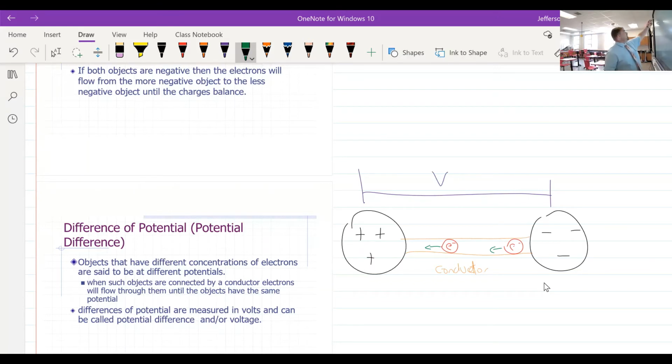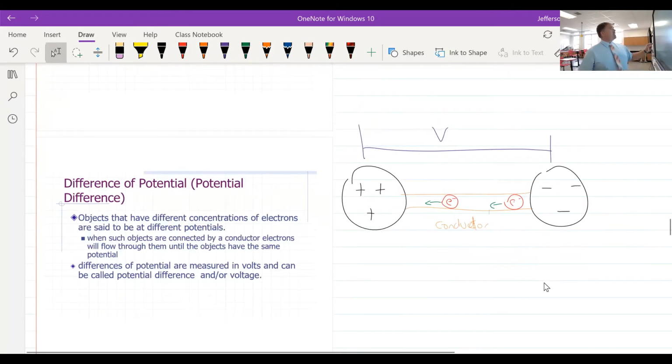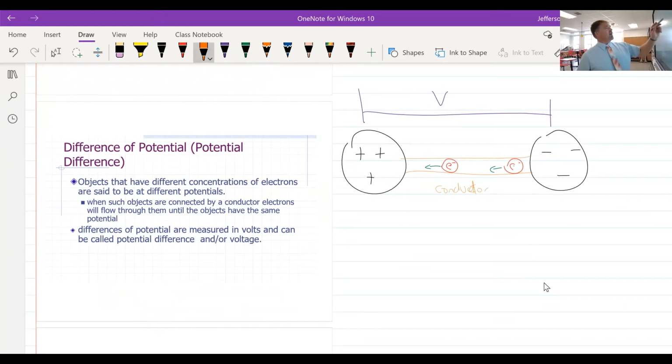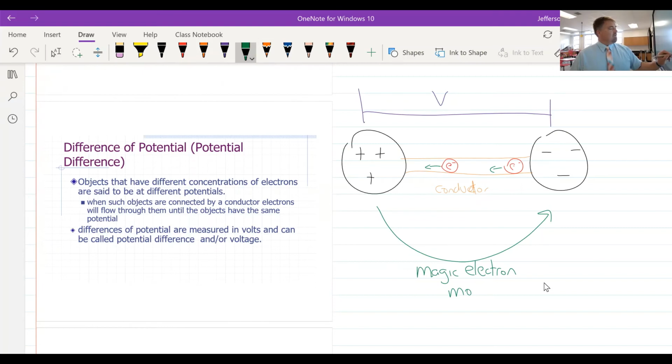So if we had a way so that every time an electron came over to the positive, if we could magically move it back, I'll call it a magic electron mover. When that electron flows from the negative over to the positive, it's happy, it wants to be there, but we're going to rip it away from the positive and put it back on the negative where it doesn't want to be.